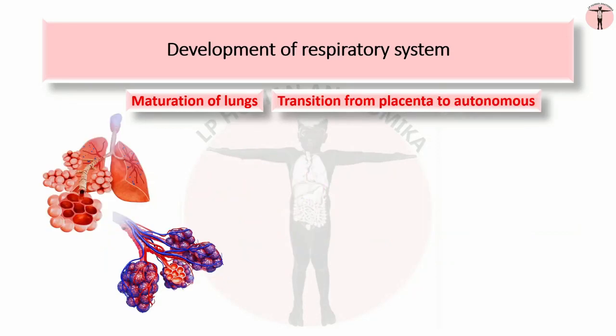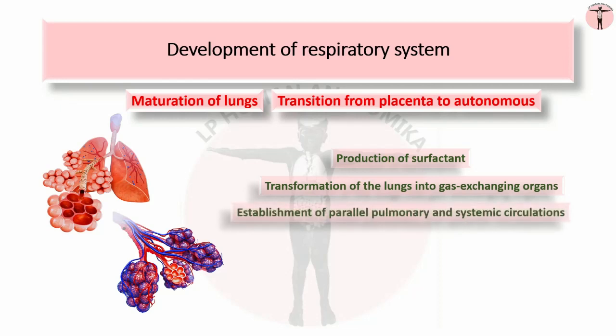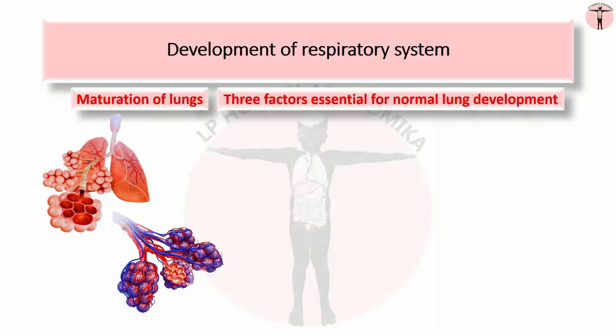After birth, the transition of lungs from dependence on the placenta for gas exchange to autonomous gas exchange requires the following adaptive changes in the lungs: production of surfactant in the alveolar sacs, transformation of the lungs into gas exchanging organs, and establishment of parallel pulmonary and systemic circulations.